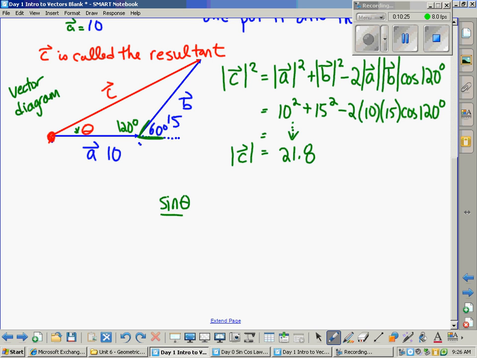And I need to compare it to an angle and a side that I know. Well, the angle I know is 120, and I just did some math to figure out C, so I'll compare it to side C. So it would be sine 120 divided by side C. Well, that's where this comes in. Now, don't put in 21.8.